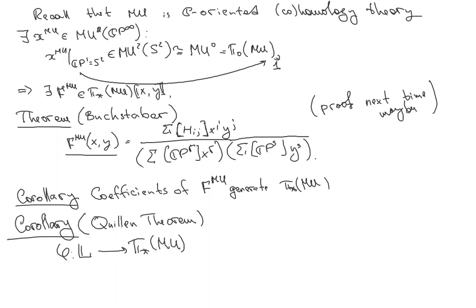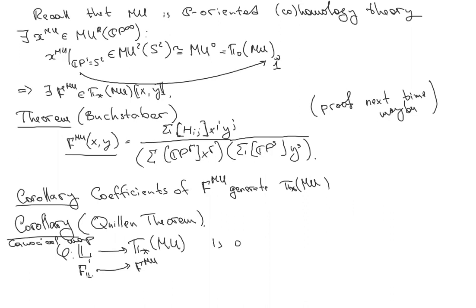This is the canonical map that sends F_L to F_mu.